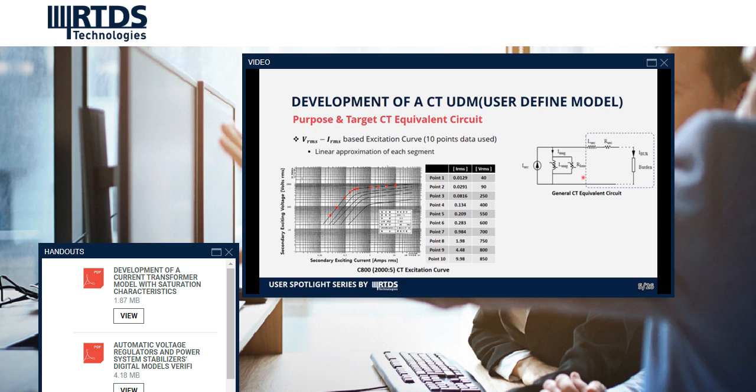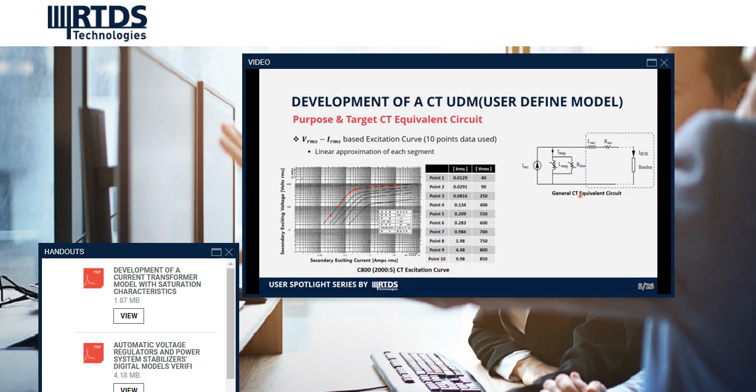In the general CT equivalent circuit, secondary winding resistance and leakage reactance can be included in the burden impedance. And in the case of a current transformer for protection, if the CT is saturated, the core loss is less important than the saturation characteristic, so the core loss is not considered here.